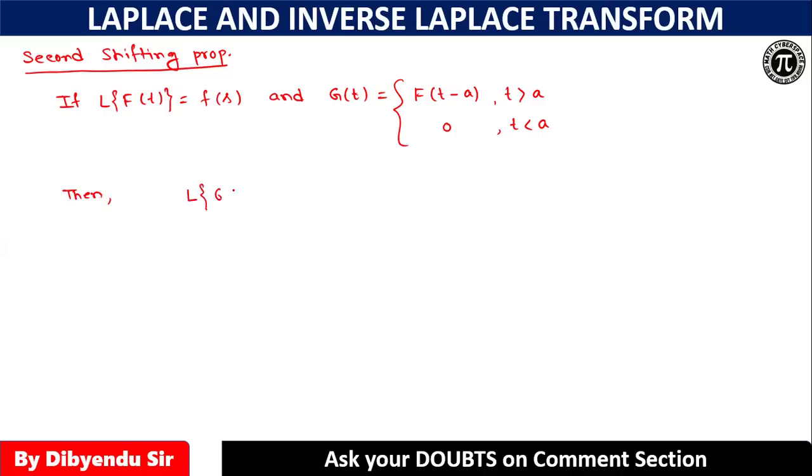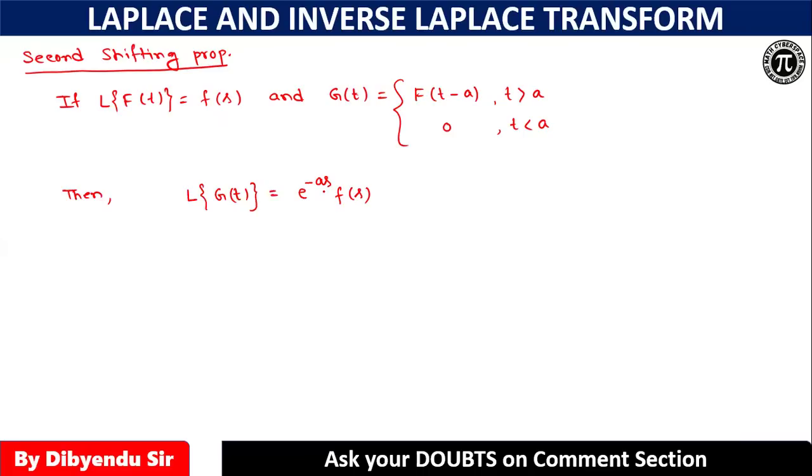Then Laplace of g of t is equal to, very simple, you have to multiply e to the power minus as with F of s. And what is F of s? This is the Laplace of f of t. Clear? So simple, you have to multiply e to the power minus as with F of s. Okay, this is the second shifting property for Laplace transform.